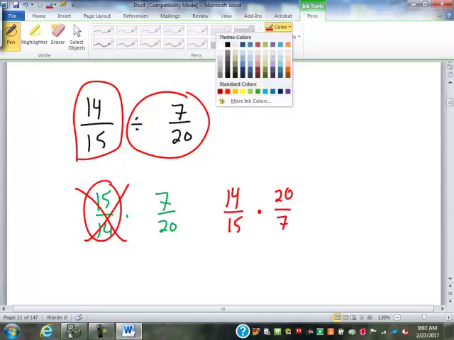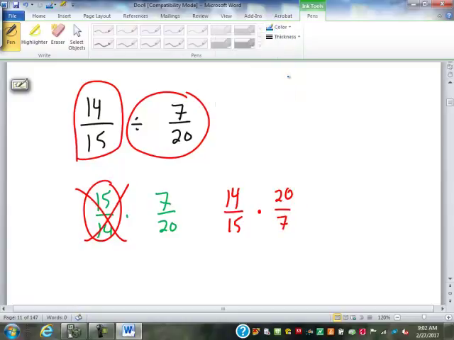Now what can we do? Okay, which one's going to cross cancel? 15 and then 20 divided by 5 is 4. Perfect. 15 and 20 both divided by 5 to give me 3 and 4. And what else? And then 14 divided by 7 is 2. And 7 divided by 7 is 1.